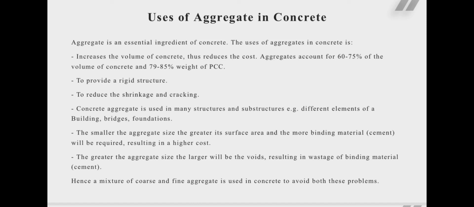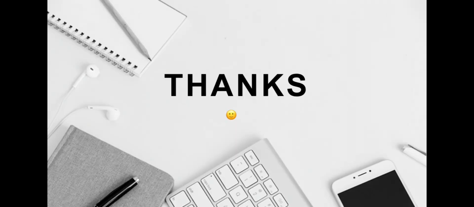The greater the aggregate size, the larger will be the voids, resulting in wastage of binding material. Hence, a mix of coarse and fine aggregates is used in concrete to avoid both these problems. So that's all for this video.